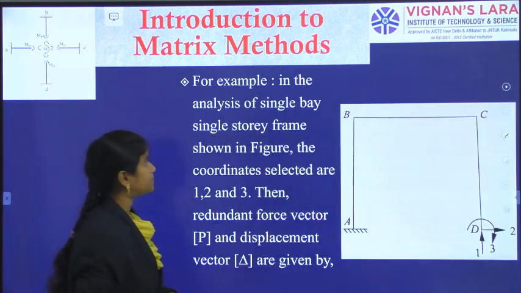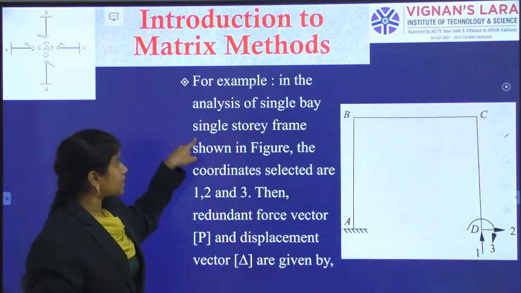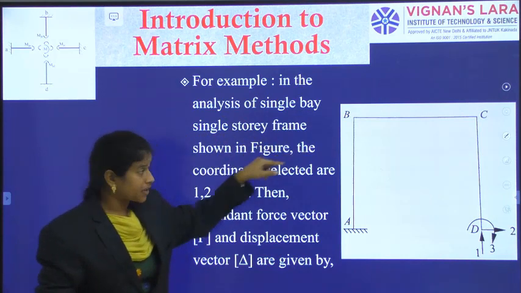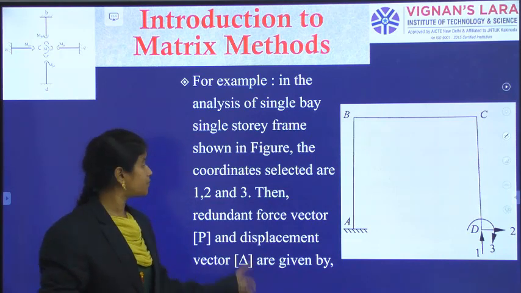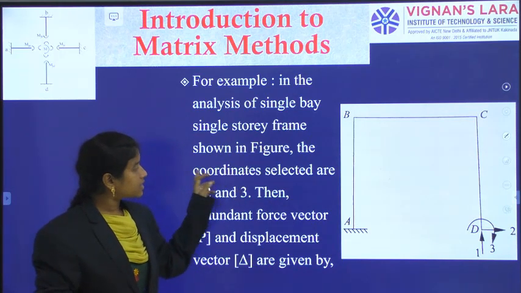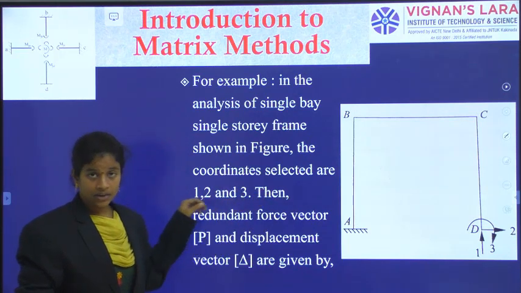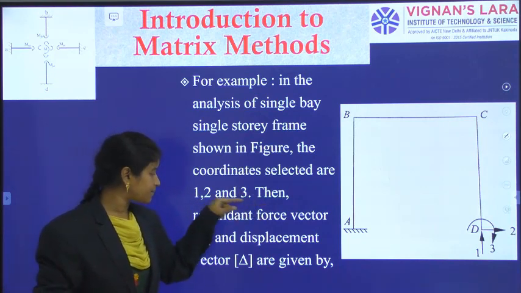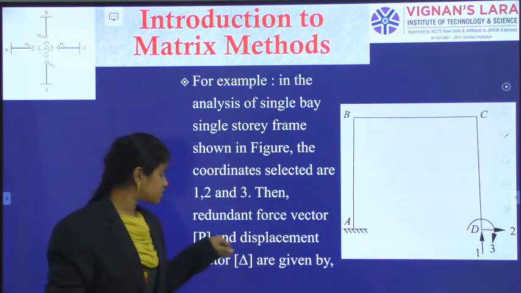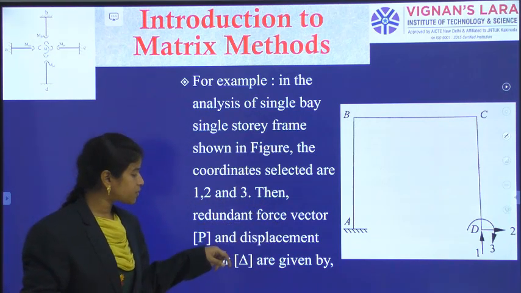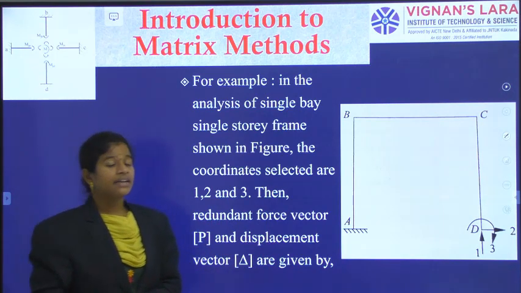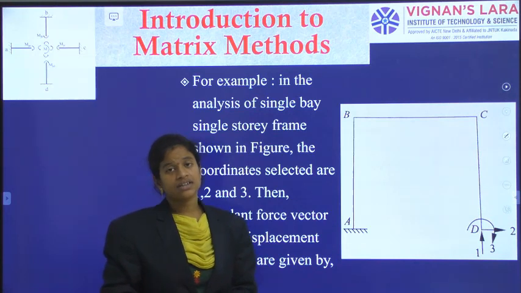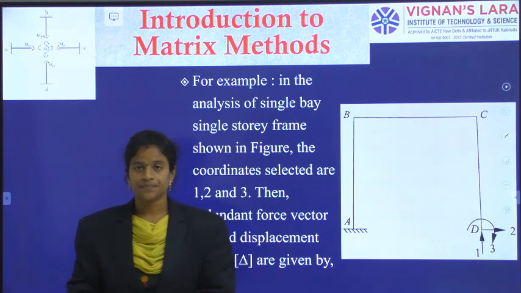For example, in the analysis of a single bay, single story frame shown in the figure, I am seeing a single bay, single story frame A, B, C. The coordinates selected are 1, 2, 3. Then the redundant force vector P and the displacement vector delta are given by, in the direction of the forces and the directions of the displacements.